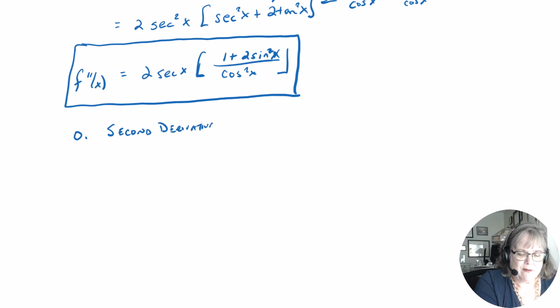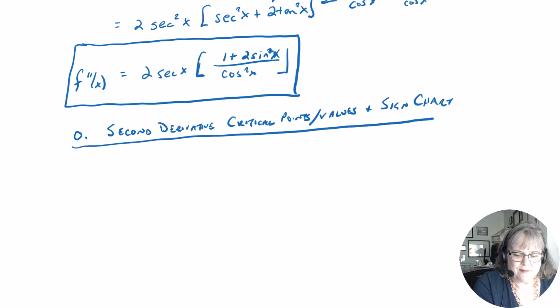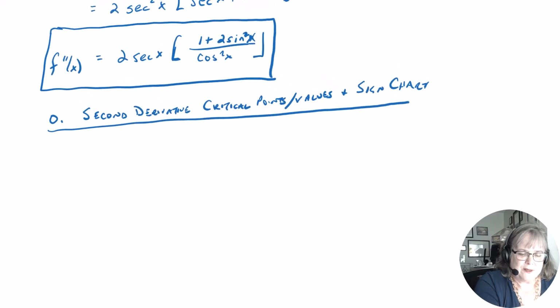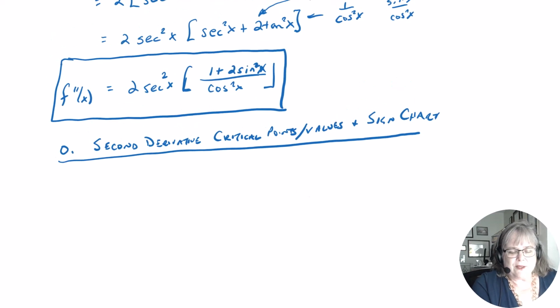Okay, so then we would have our critical values, critical numbers, critical points, whatever you want to call them, and our little sign chart. I like the sign chart. Okay. So the question then becomes, oops, I lost my square right here. So then, oh, we could clean it up just a little bit more. Hey, let's talk about that.